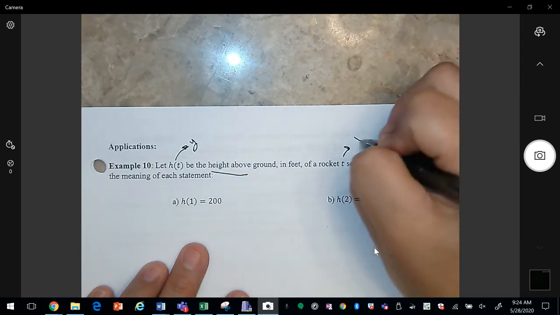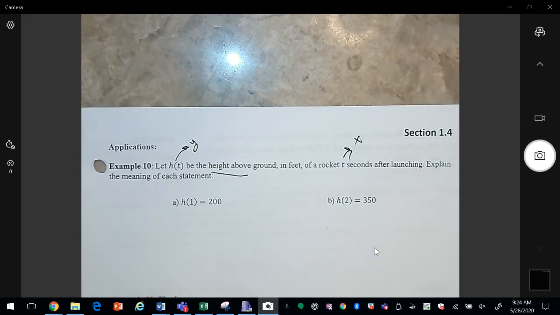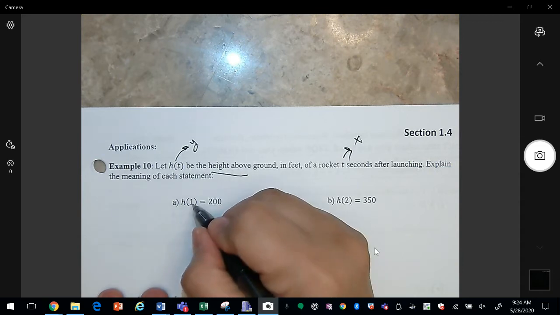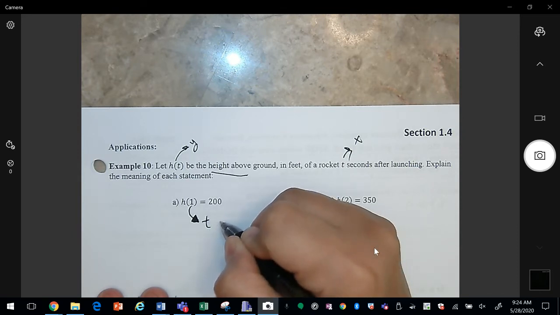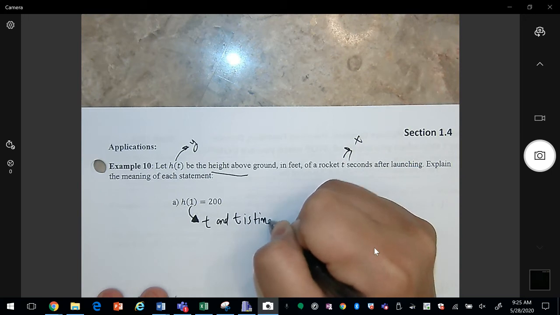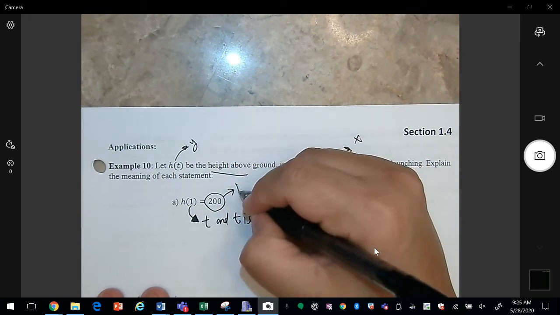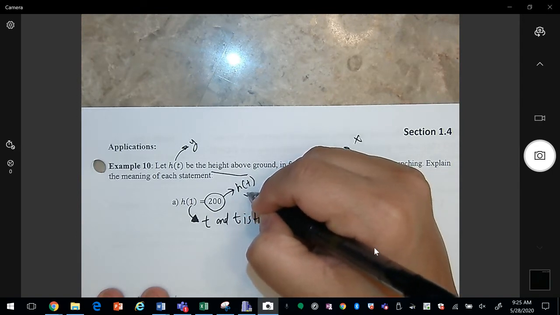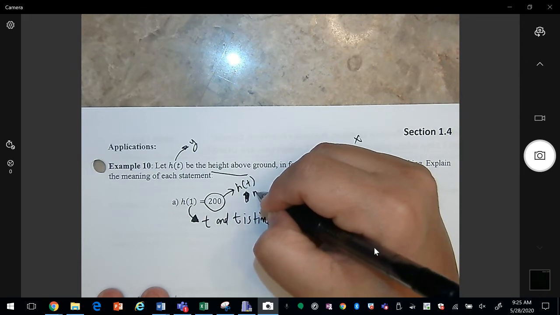So t is going to be like your x, but instead of y and x, we're just calling it by t. So what this means is that this number in here represents your t, and t is time. And the answer is going to be your h of t, which is your y, and that is your height.